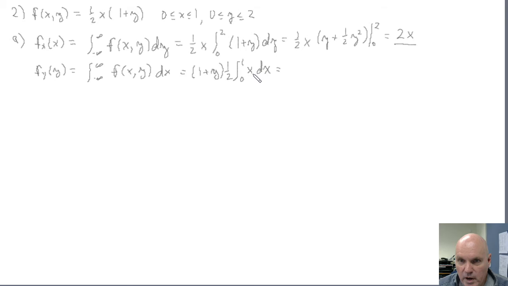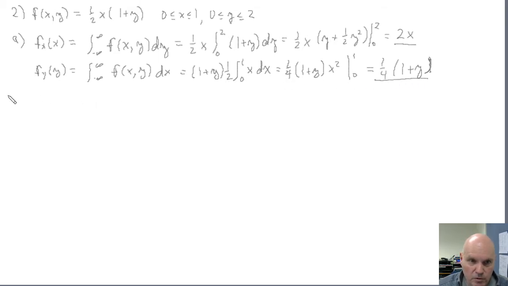This will be, of course, 1/2 x squared. So I'm going to get 1/4 times (1 plus y) times x squared, evaluating at the limits for x of 0 and 1. Evaluating x squared at 1 is 1, and at x equal to 0 is 0. So this just becomes 1/4 times (1 plus y), for the two marginal distributions.